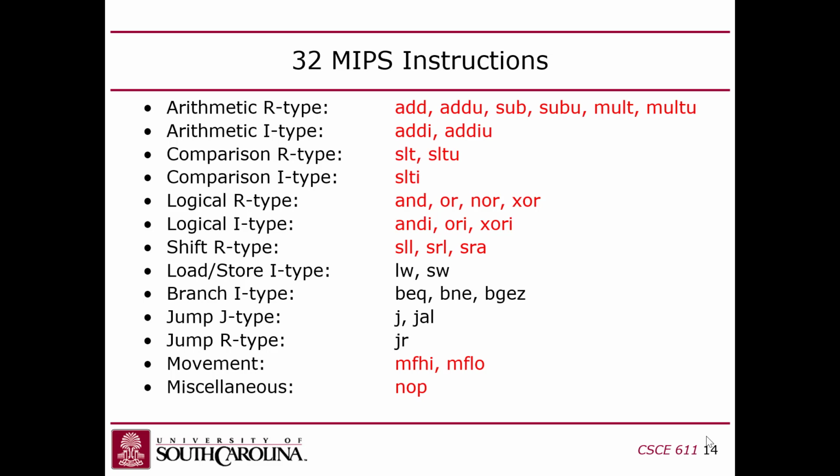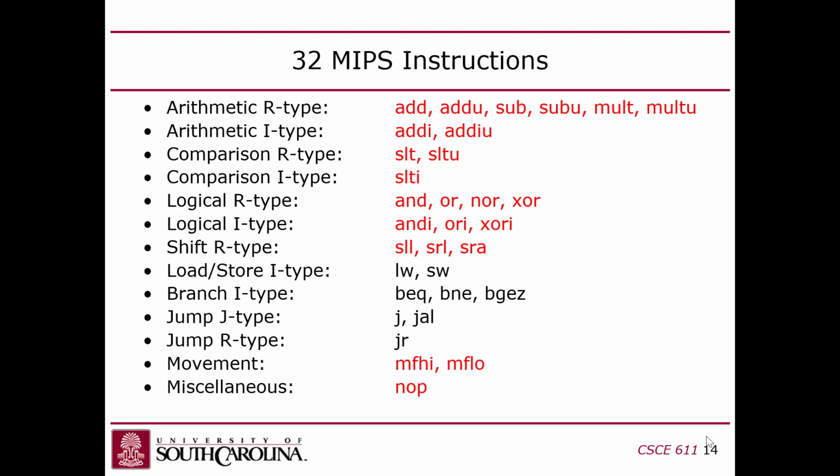And then there's a no-op instruction that does nothing, but as it turns out, the no-op is actually a shift left logical, because shift left logical is an R-type instruction, which means that it has a 0 opcode, like all R-types, but also has a 0 function code. So the no-op is just an instruction of all zeros, 32 zeros.